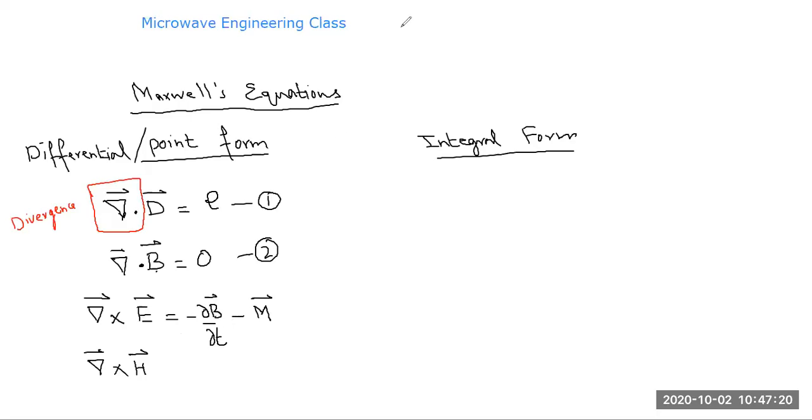Okay. Now whenever you take this operation on any vector quantity, this is known as curl operation. And what is the meaning of curl? Curl means that the quantity, in this case the electric field, is circulating.